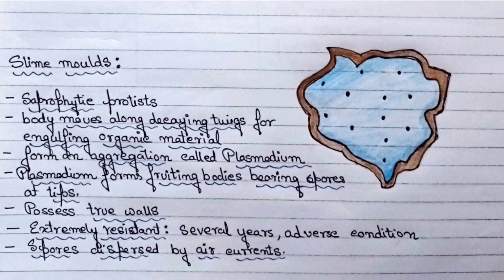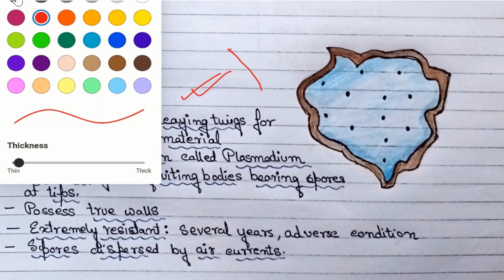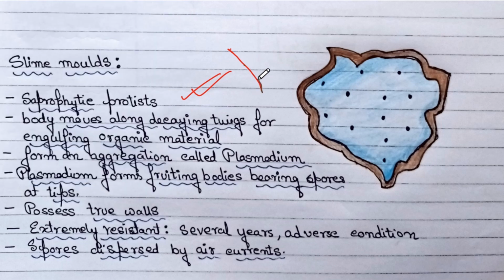Now let us study slime molds. Slime molds are a little bit irregular in shape. They are generally saprophytic. Body moves along decaying twigs for engulfing the organic material. For example, let me consider this as a decaying twig.